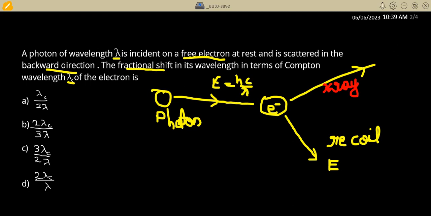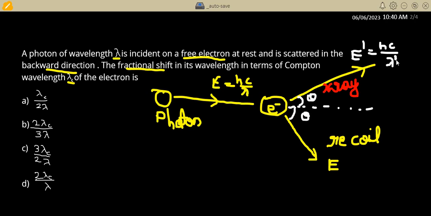The photon comes in a straight direction, but it diverges at an angle theta. So this is also theta, the same theta. Here the energy remains E dash equal to hc by lambda dash.